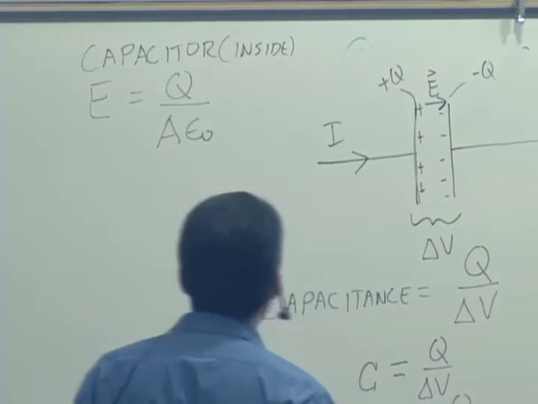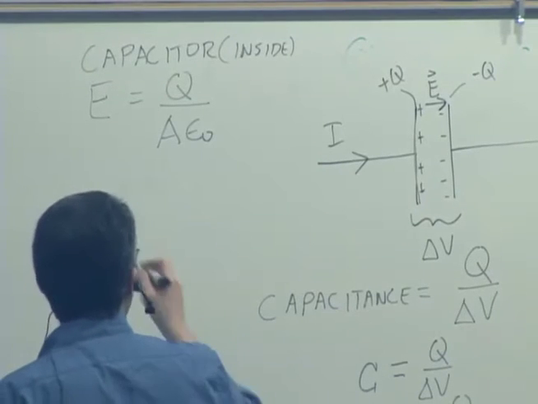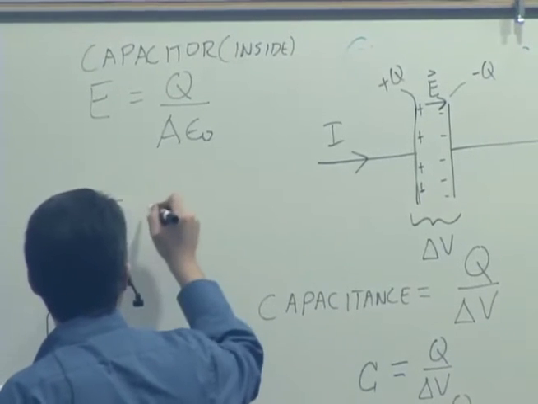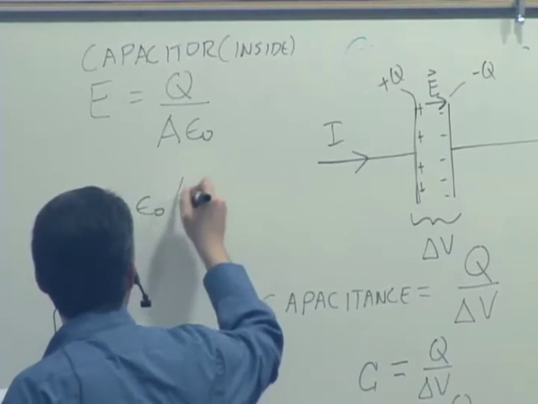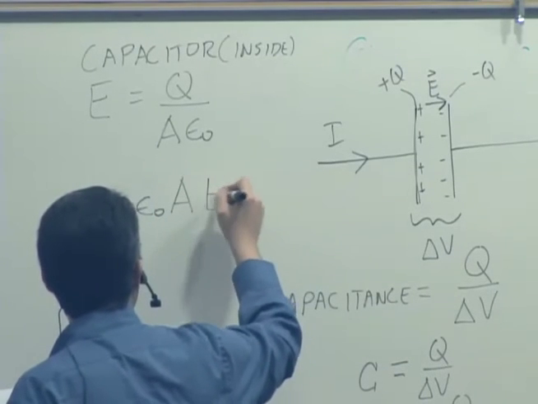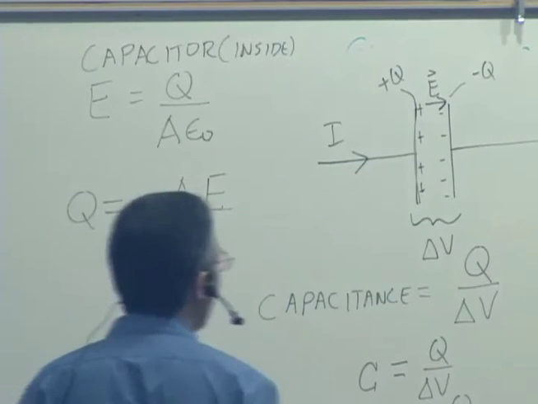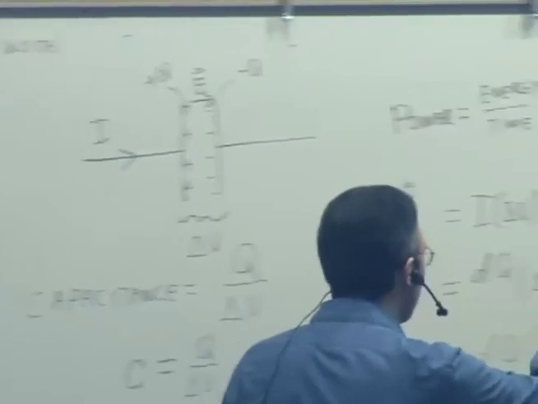Okay. So I can say that Q then is going to be epsilon 0 times the area times the electric field inside the capacitor. So I could plug that in.